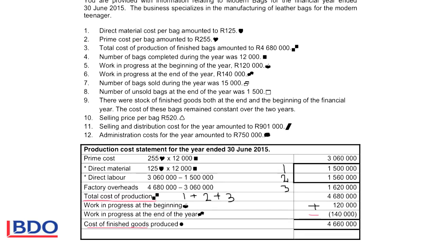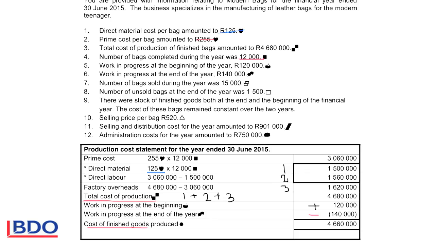If we look at the information, the direct material cost is 125 Rand, and the total number of units produced was 12,000. So if I take the 125 times the 12,000, it will give me my direct material of 1,500,000.